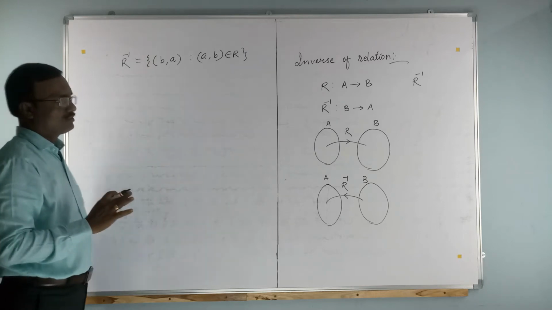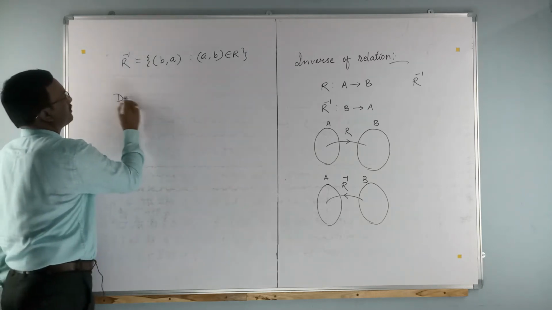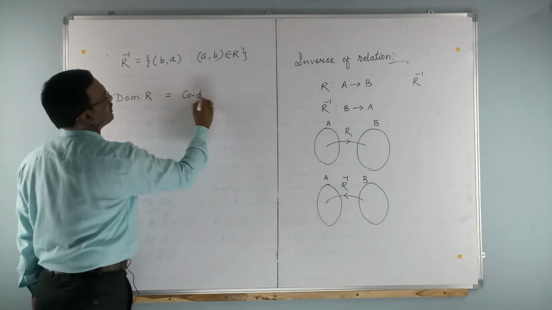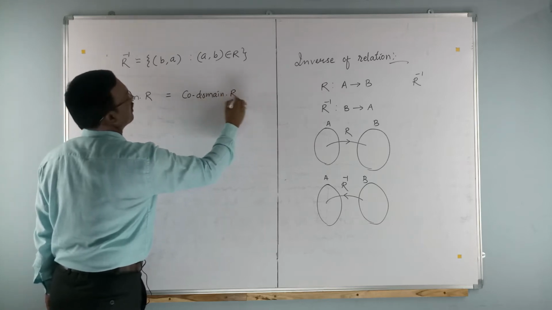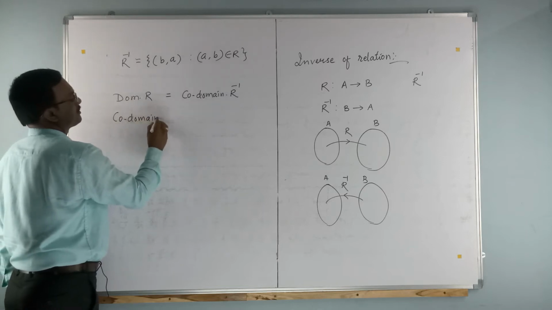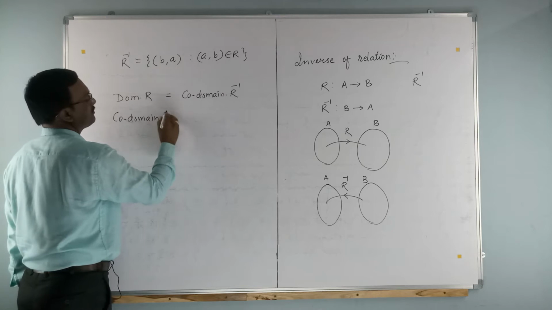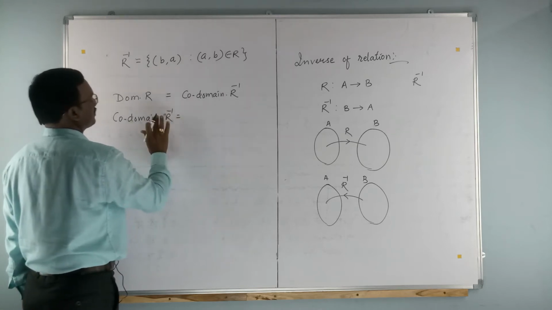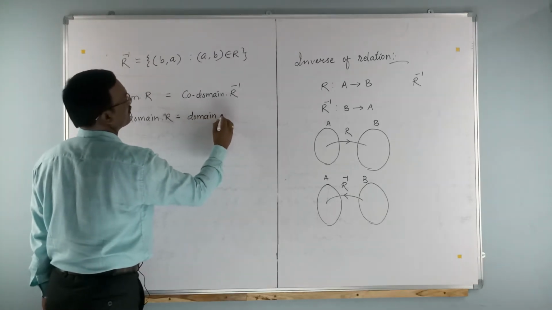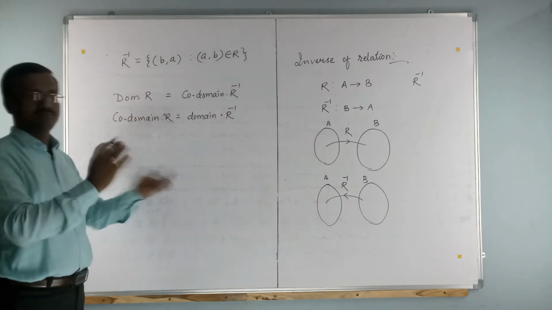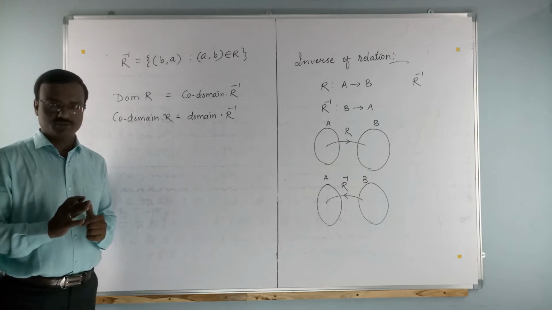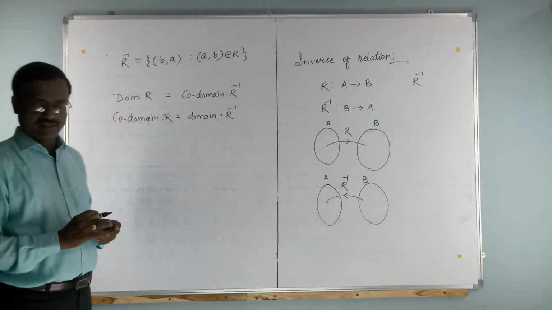In this case, you can notice that the domain of the relation R has become the codomain of R inverse, and the codomain of R has become the domain of R inverse. So you can see a kind of interchange in domain and codomain, and at the same time in range also. Okay, so this is about inverse relation.